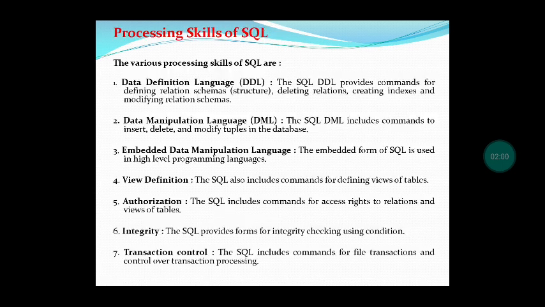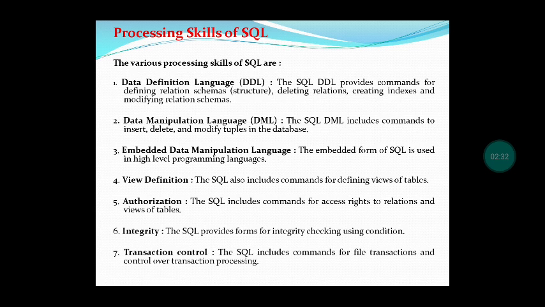Let us see the processing skills of SQL. What are all the skills in SQL? It has DDL, that is data definition language. By using this language, we can delete the relations, create the indexes and modify the schemas. And also it has data manipulation language, which includes the commands to insert, delete and modify the tuples in the database.